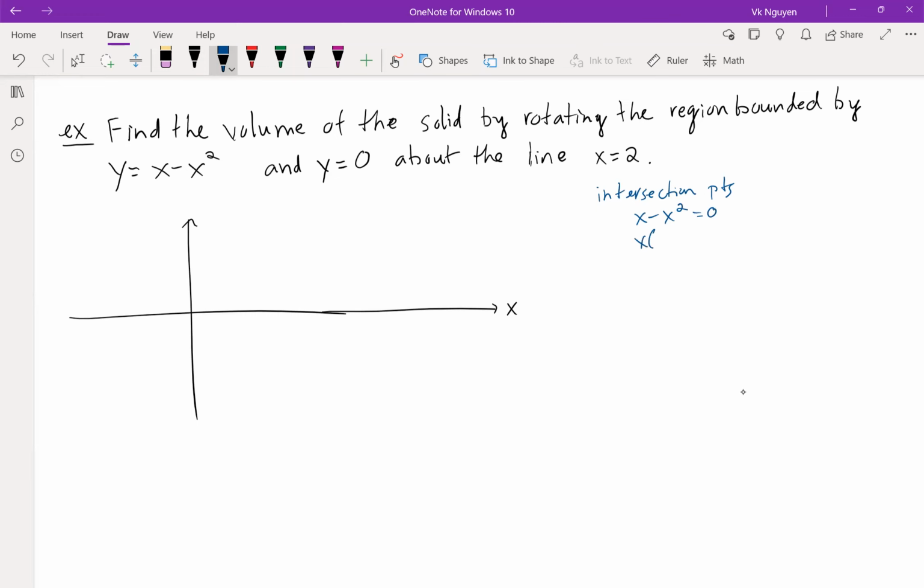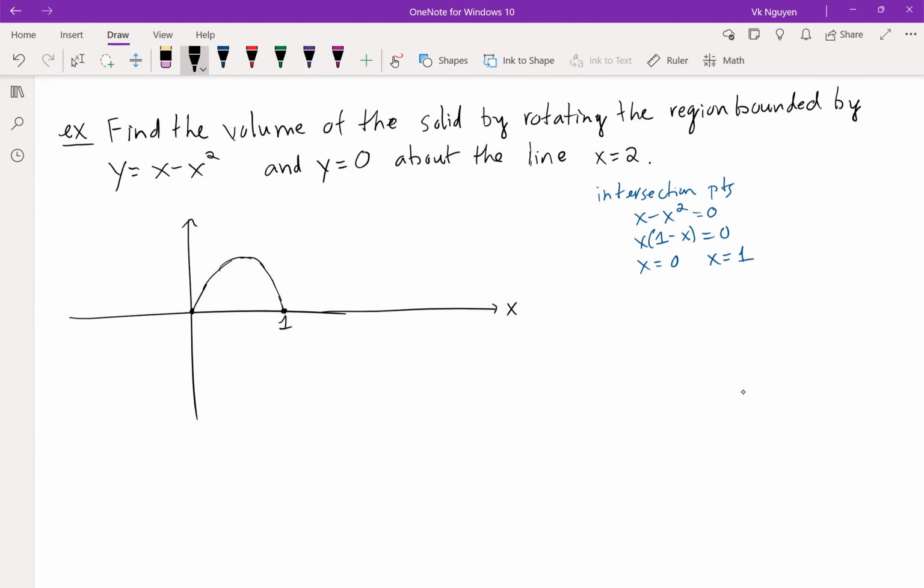So we have x times 1 minus x equal to 0. So x equal to 0, x equal to 1. Meaning that we're going to have an upside down parabola, and it's going to intersect at 0 and 1.